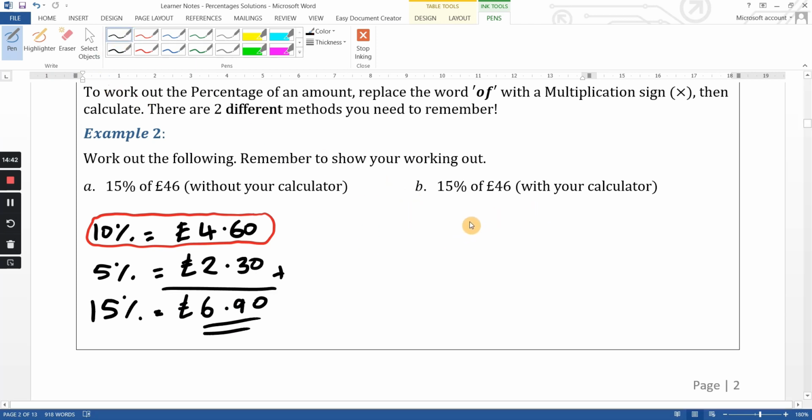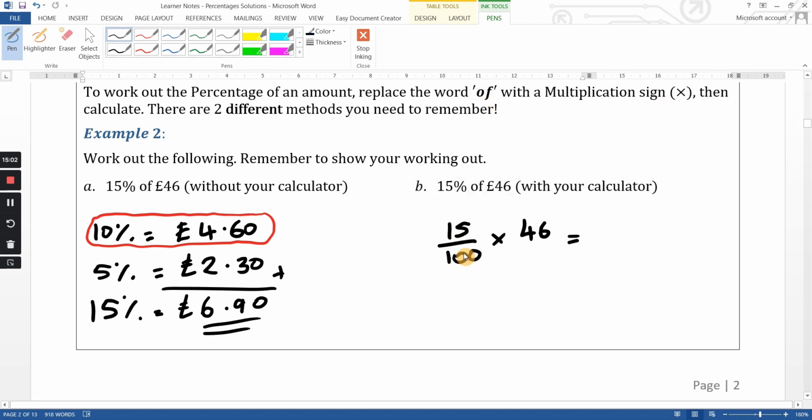With your calculator, it's dead easy. All you do is 15% of £46. You do literally how you say it, and how you say it is 15% of £46. Like we said here, replace the word of with the multiplication sign.